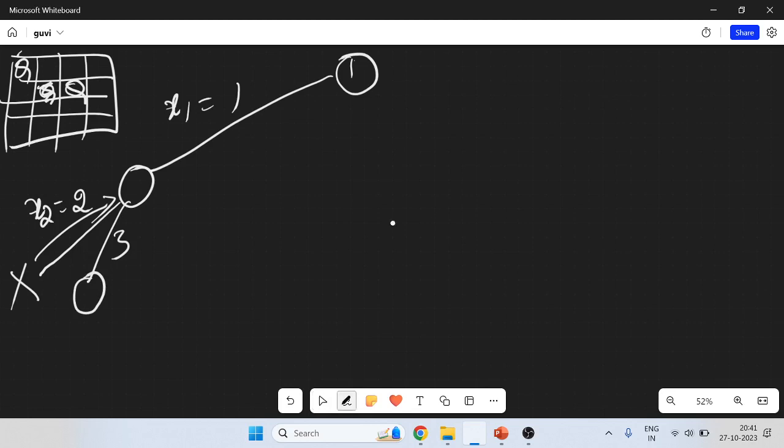1 and 3 are utilized. Now I'll take the decision for the third queen. If I put it in 2, third row, second column, no, I should not put it there, because they are becoming diagonal. So I'll go back. I'll try to put it in the fourth one. If I put it here also, then also it is diagonal.